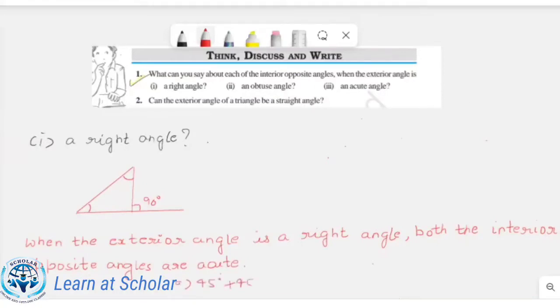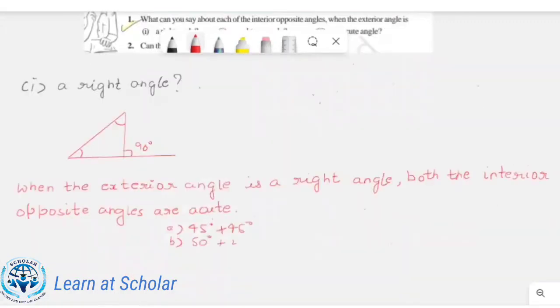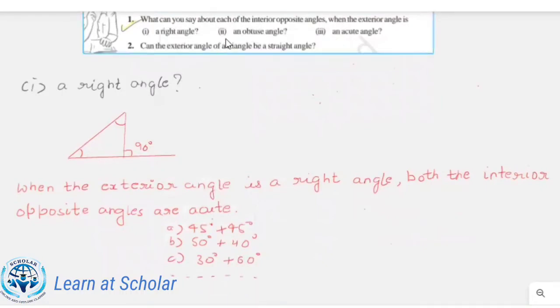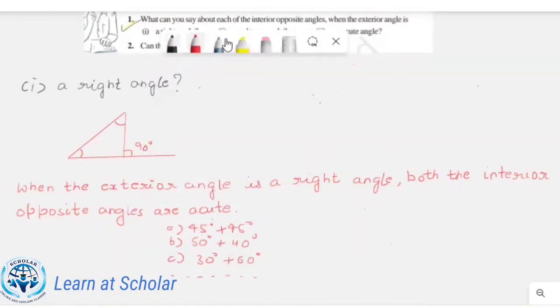We can check it out, like the interior opposite angles can be 45 plus 45 is equal to 90, or it can be 50 and 40, it can be 30 and 60 and so on. Now the second one, if the exterior angle is an obtuse angle, let's draw the triangle.